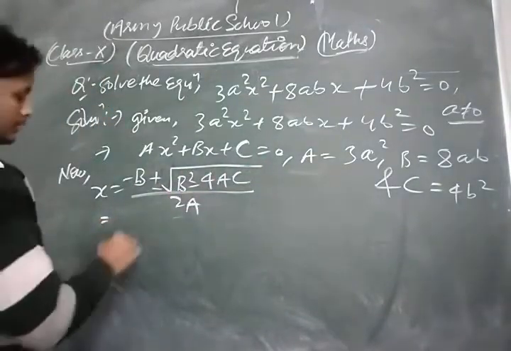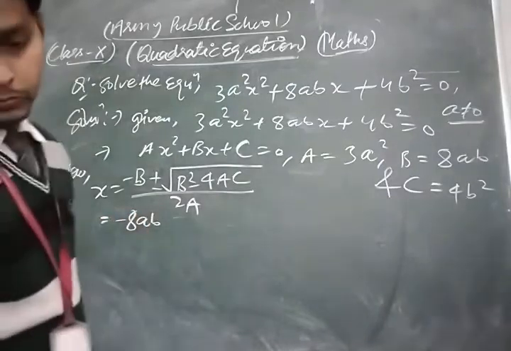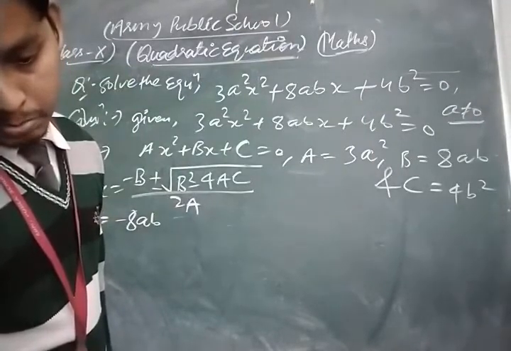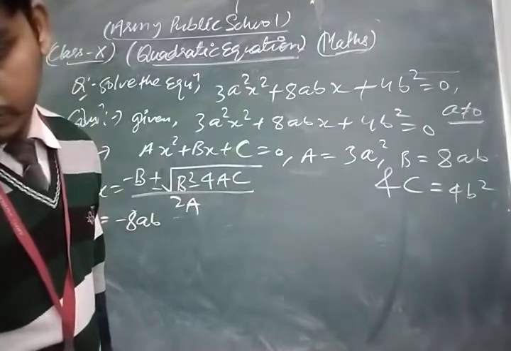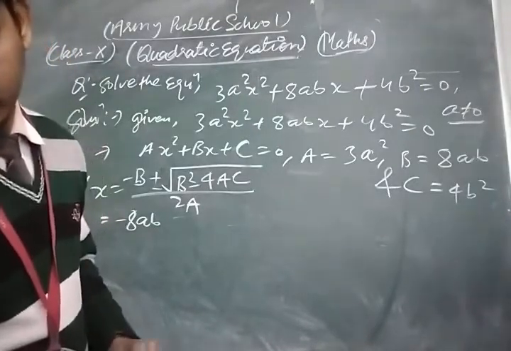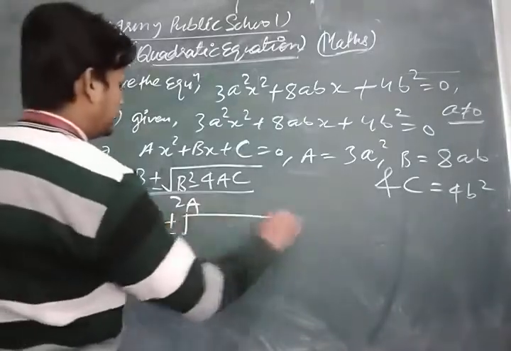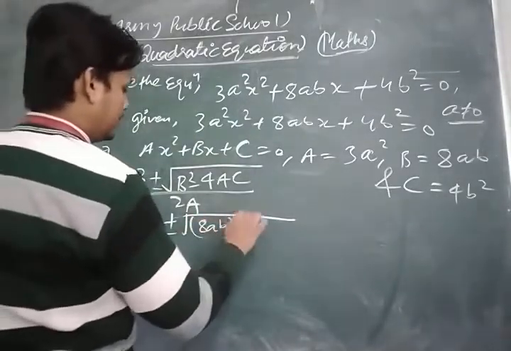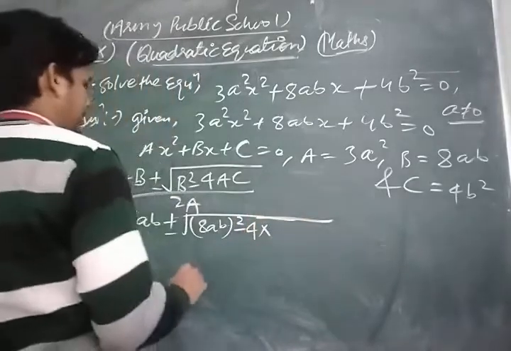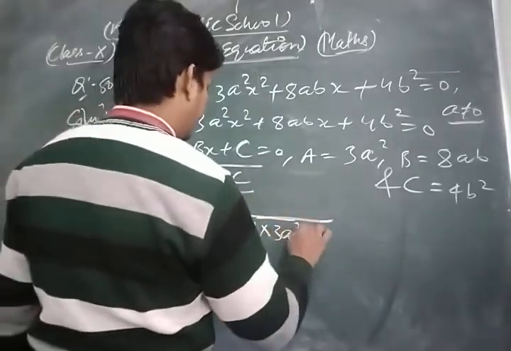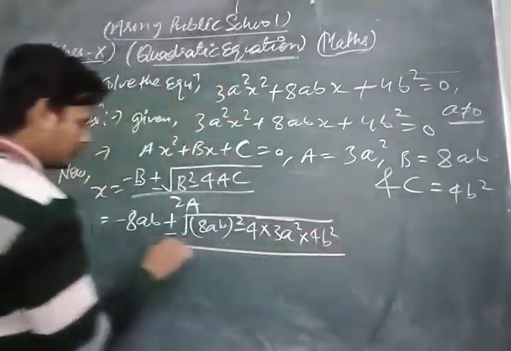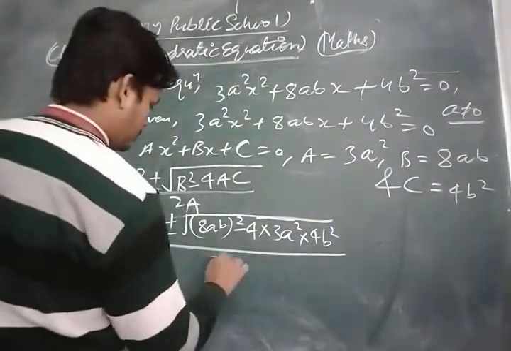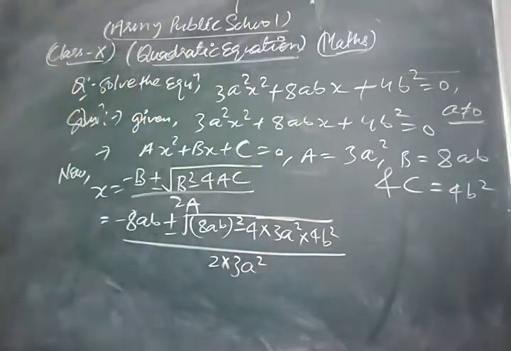Minus B is minus 8ab, plus minus the square root of B square, that is 8ab square, minus 4 into A, which is 3a square, into C, which is 4b square, upon 2A, that is 2 into 3a square.